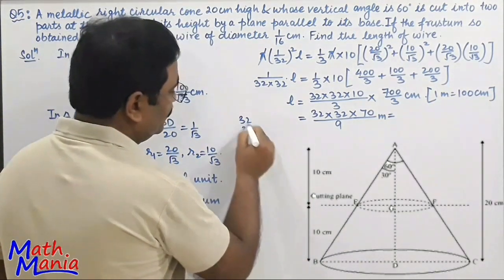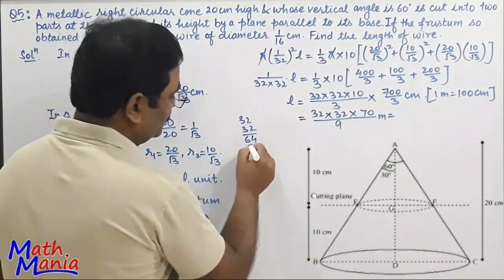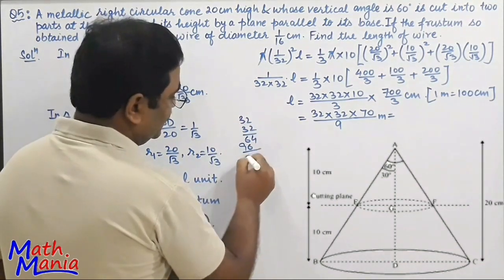Let's find the value of 32 into 32. 2 2s are 4, 2 3s are 6, 3 2s are 6, 3 3s are 9.